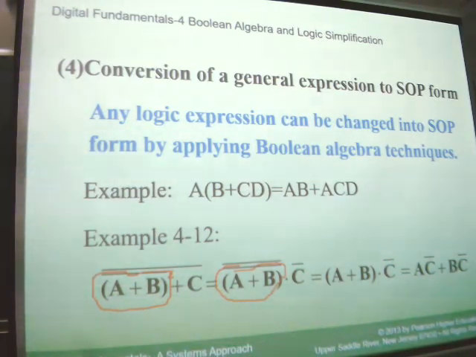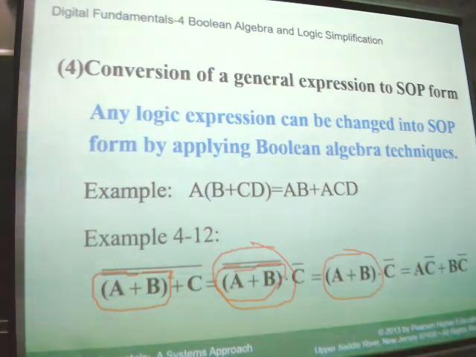We use De Morgan's theorem. And A plus B double bar equals A plus B. And then use the distributive law.